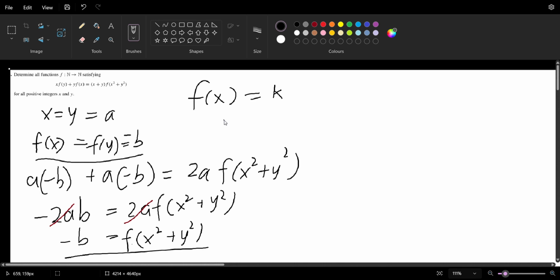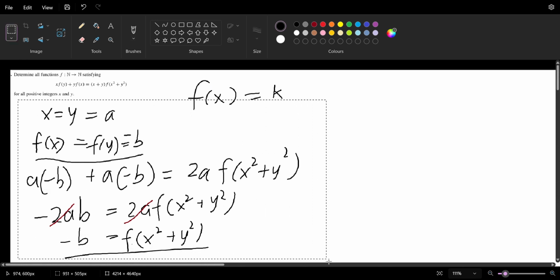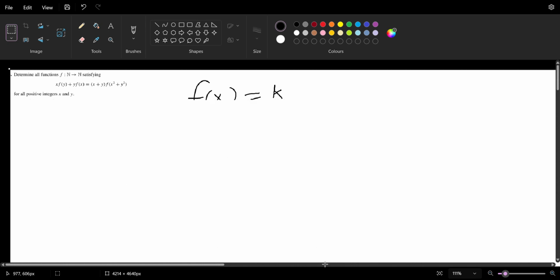Now let's see if it works with a non-constant function, either linear or quadratic or quartic function or logarithmic functions. Let's see if there's another function that exists.